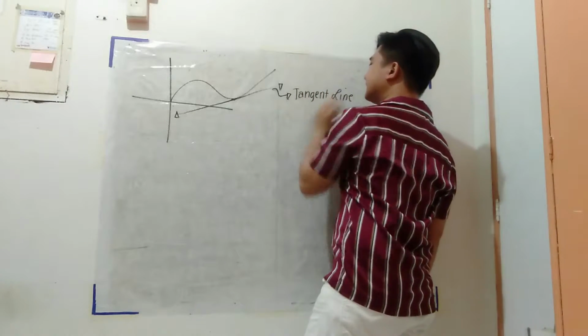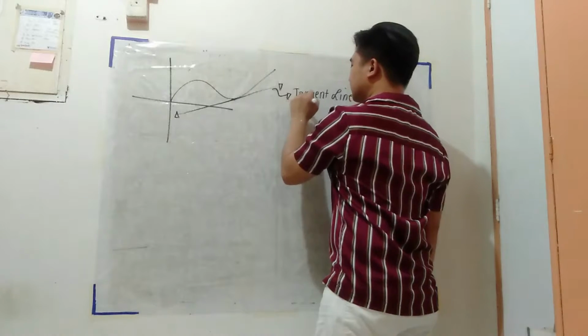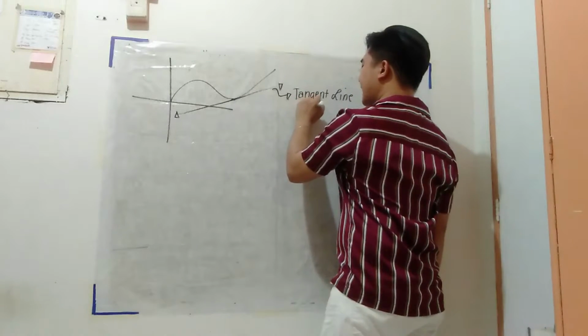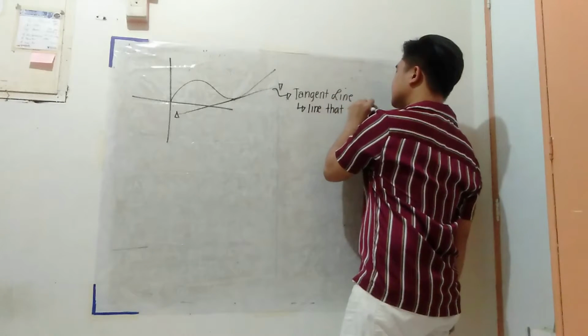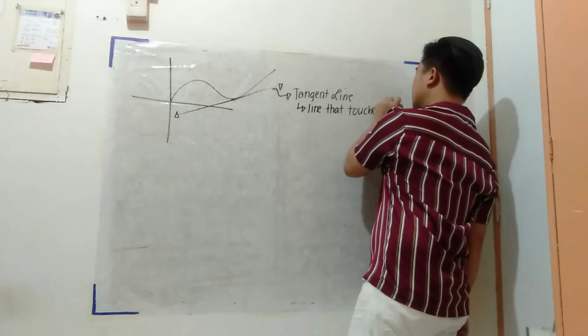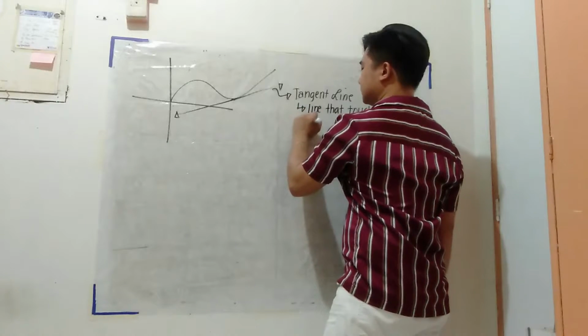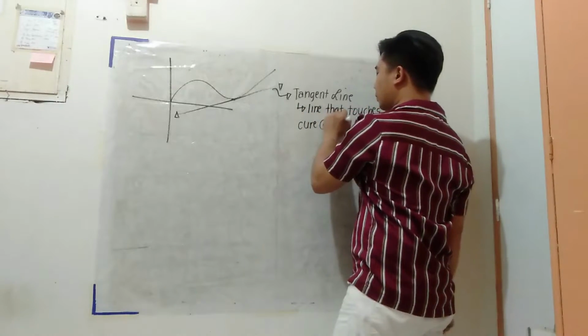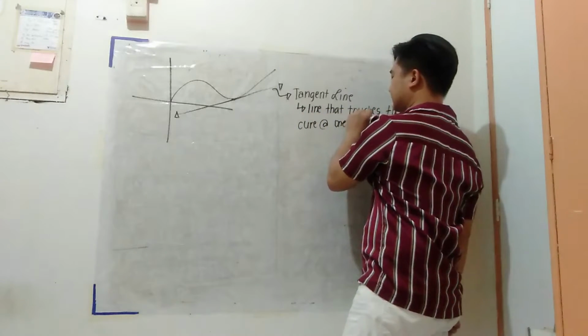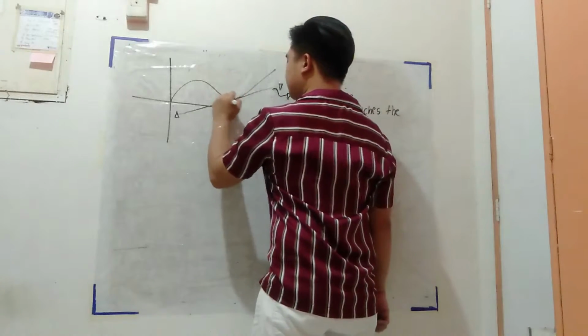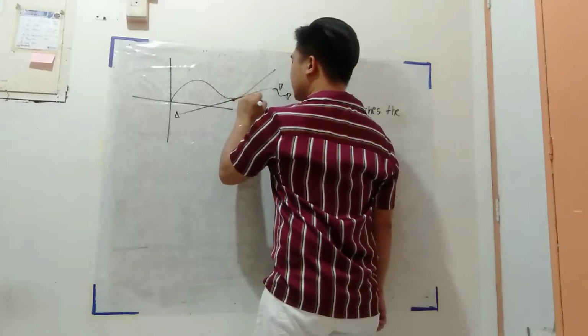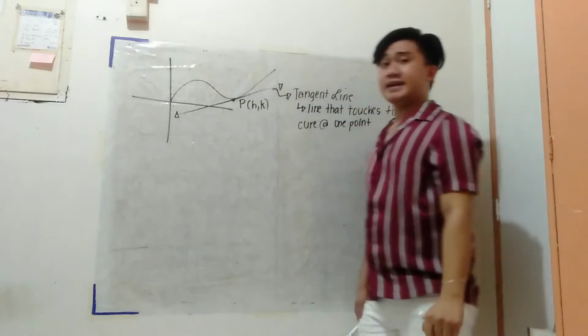Pag sinabi nating tangent line, ito ay line that touches the curve at one point. Okay? So, let's say this is point P with coordinates h, k.